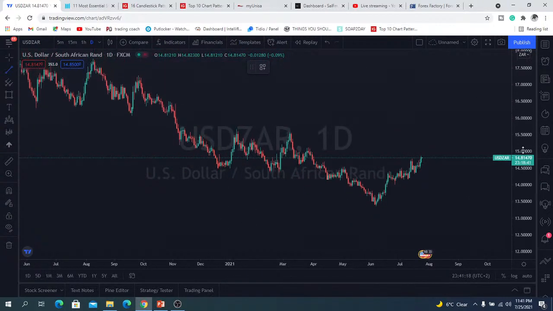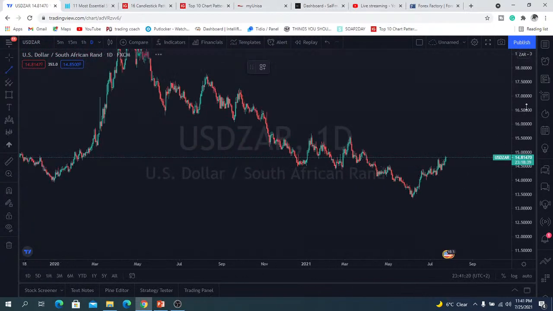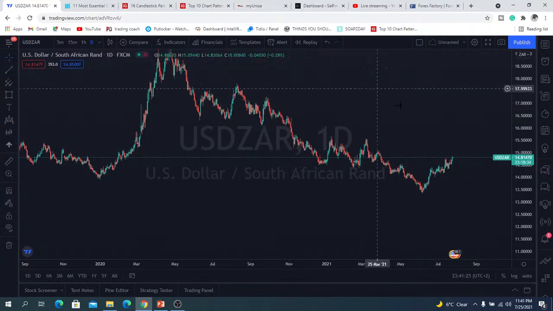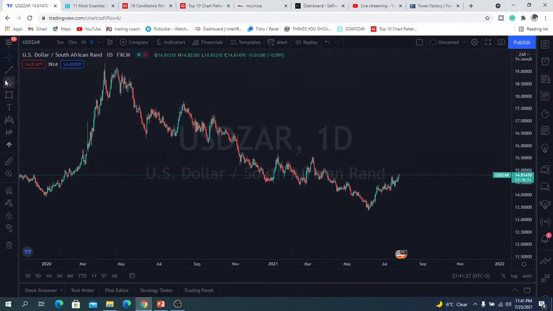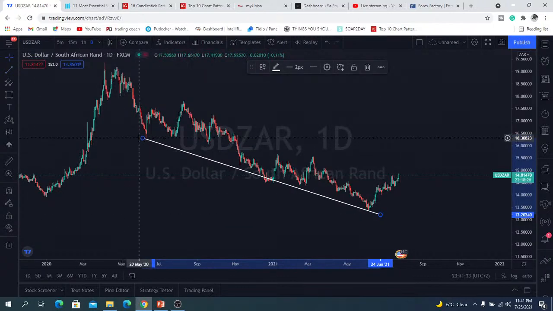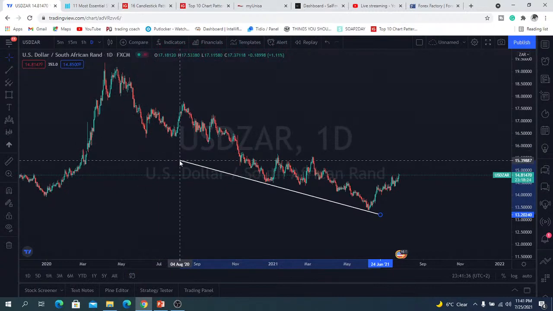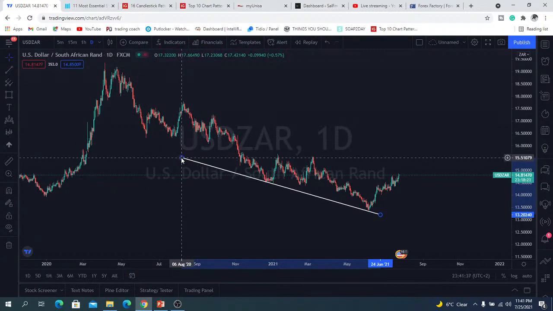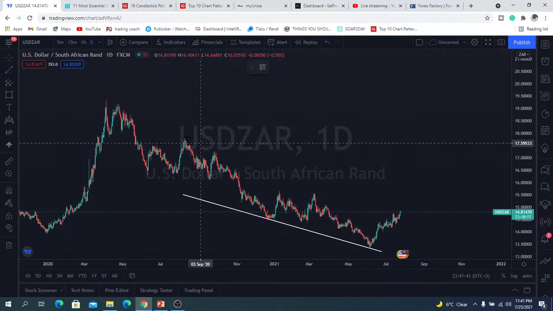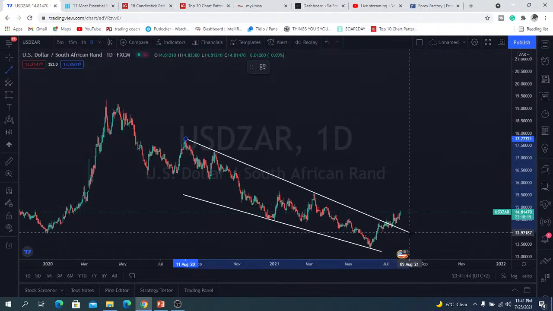Let's see. You can zoom out. And I guess we all know how to draw the trend line. It needs to have at least 2 points touching each other. The trend line needs to touch 2 points. And then we are good to go.